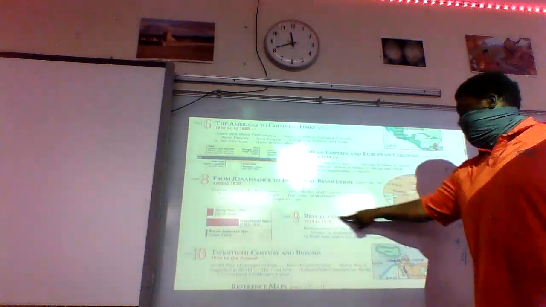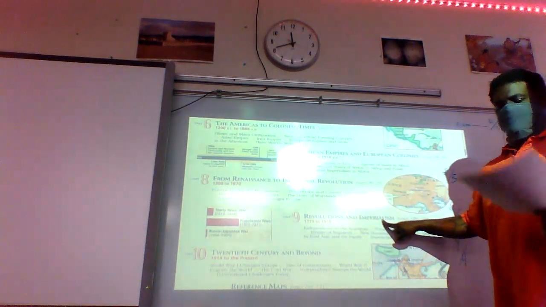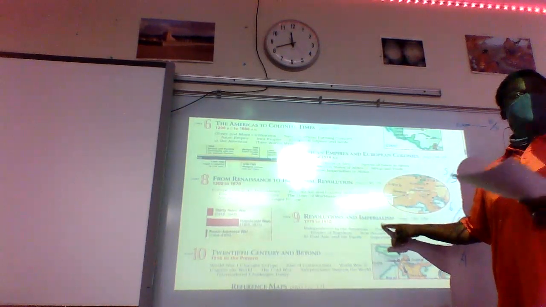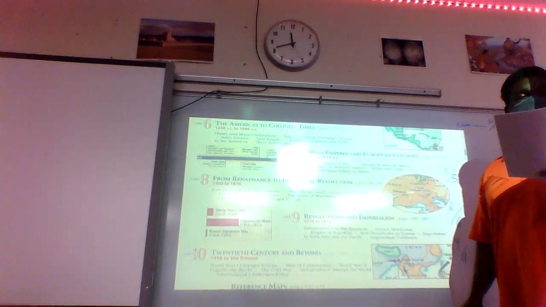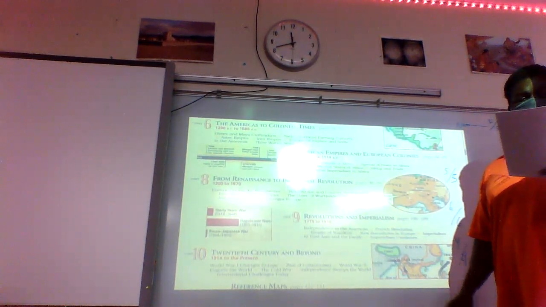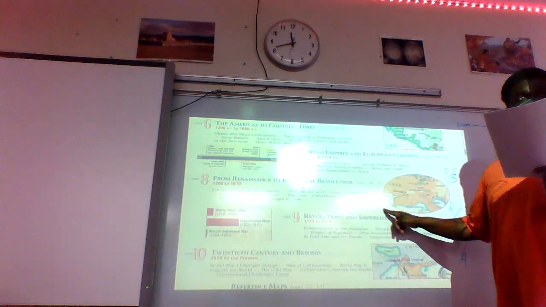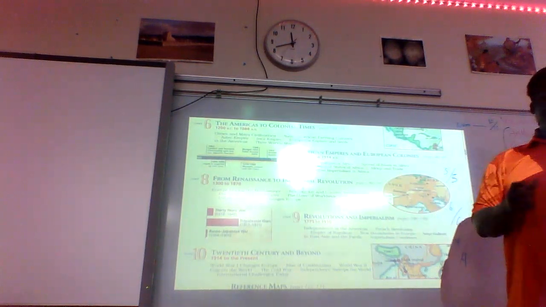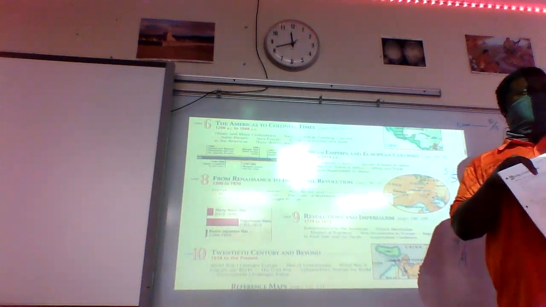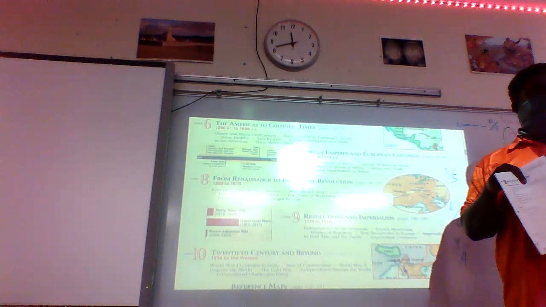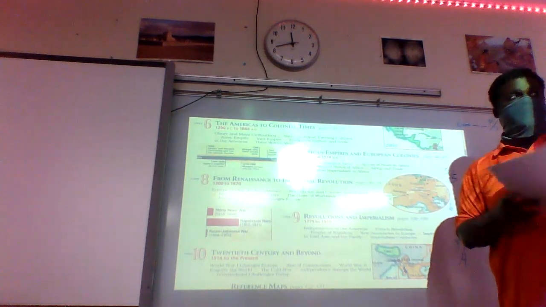I wrote down the right unit, but the wrong years. Okay, so with this, every blank is worth 1 point. So you get 1 point for having the correct unit, but you'd miss the point for having the wrong years.